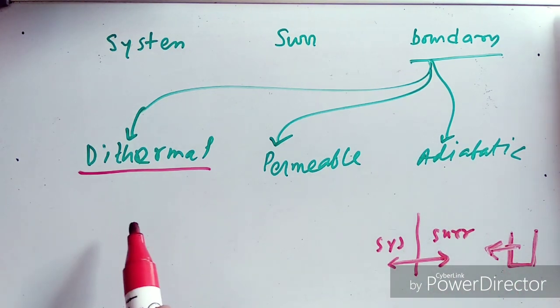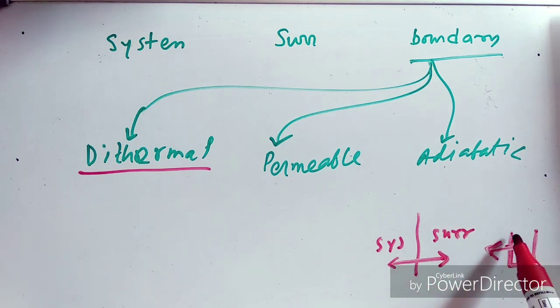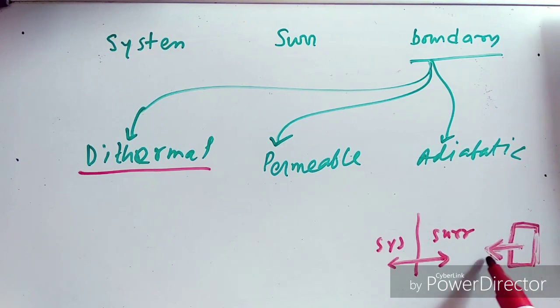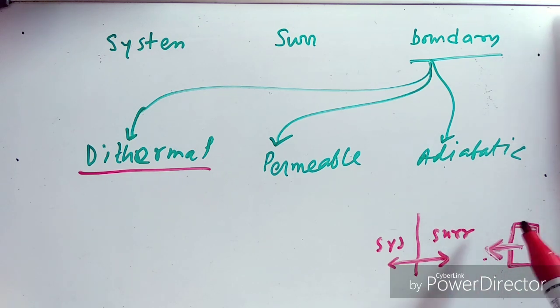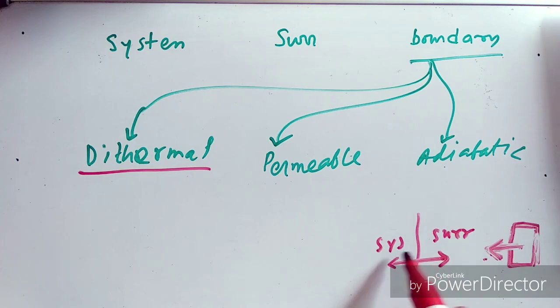But in the case of a dithermal boundary, the mass, that is the matter, the water, cannot pass. If the bottle is sealed, the water vapor cannot pass, but the wall is not thermally bounded, that is, the wall is thermally permeable. So energy can transfer from the system to the surrounding, but if the glass of water is closed with a cap, the matter cannot pass out as vapor. So energy exchange is possible but matter exchange is not.